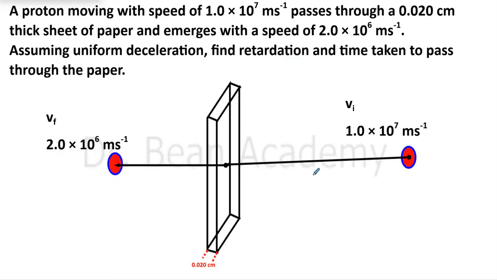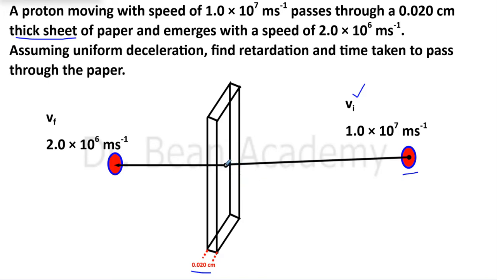So as usual, let's imagine the problem. If we have a proton here moving with a velocity 1 × 10^7 meter per second, and we call it Vi just for reference, and then it hits this sheet of paper which is only 0.02 centimeter in thickness, although in the question they wrote thick sheet of paper, but I think it's not that thick. We should call it a thin sheet of paper anyway.